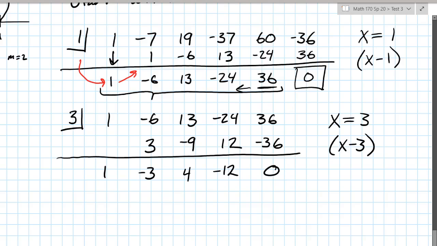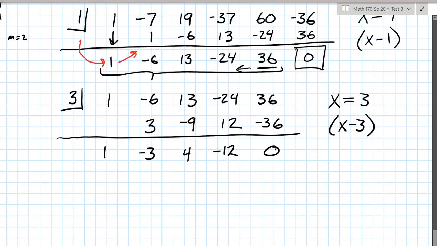Now, we have another depressed equation, and notice that it's one term shorter than the previous equation. So we're going to do it again.